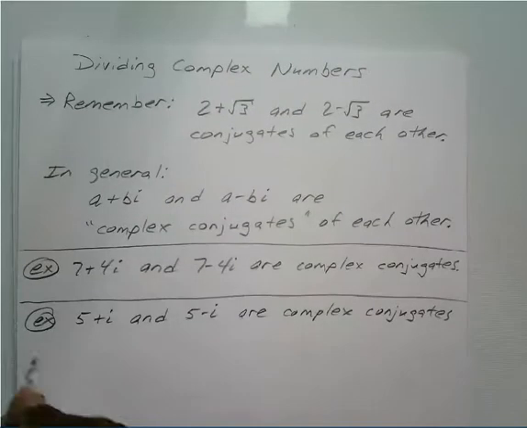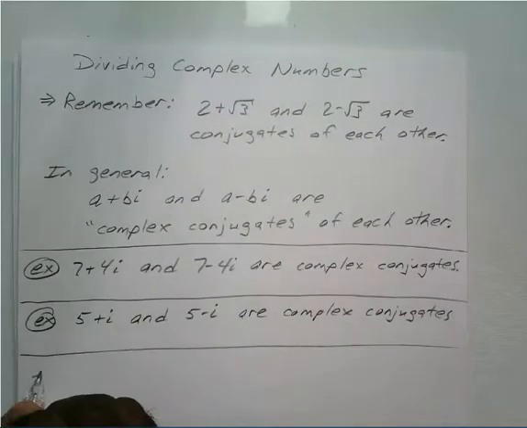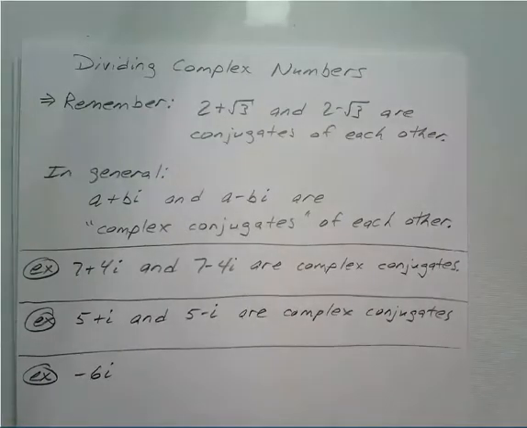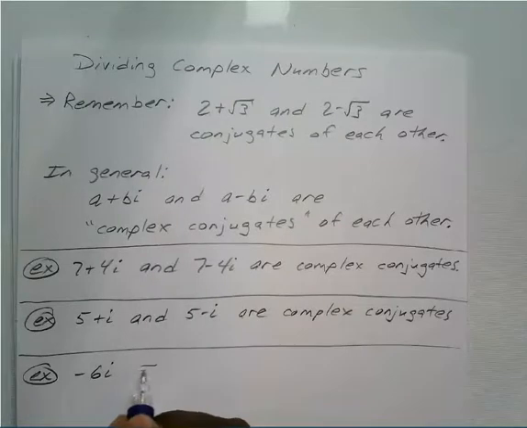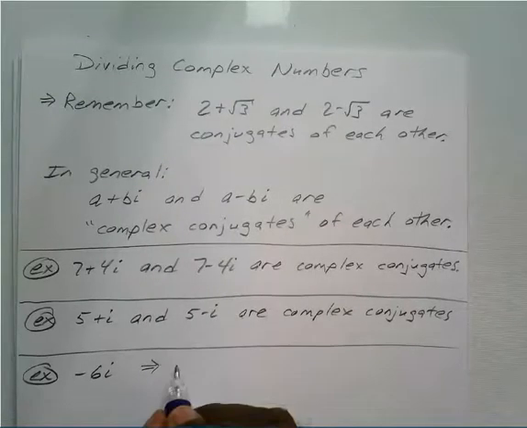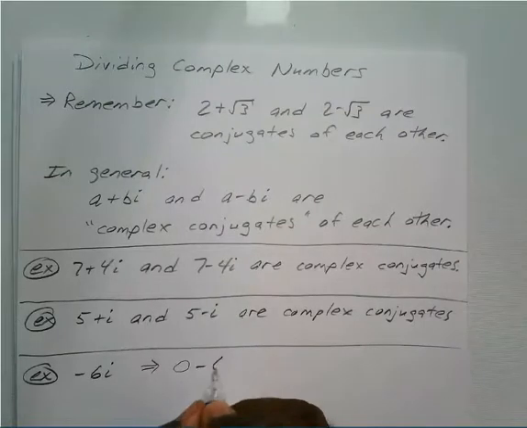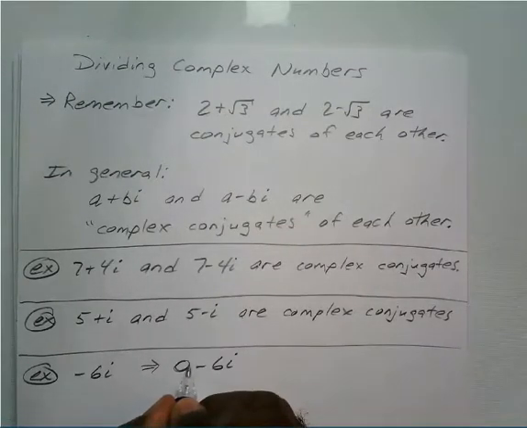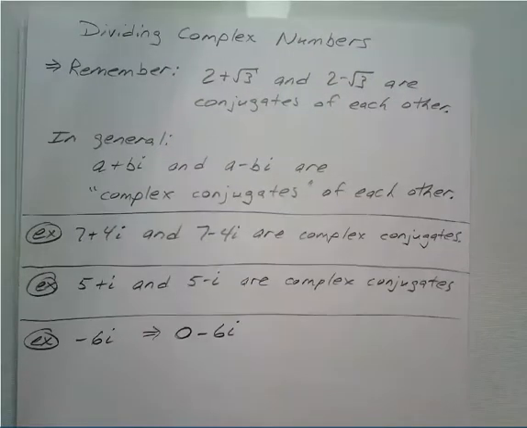But what if you have something like negative 6i? What would be that complex conjugate? The way you would approach this is to remember that negative 6i, you can write that as 0 minus 6i.